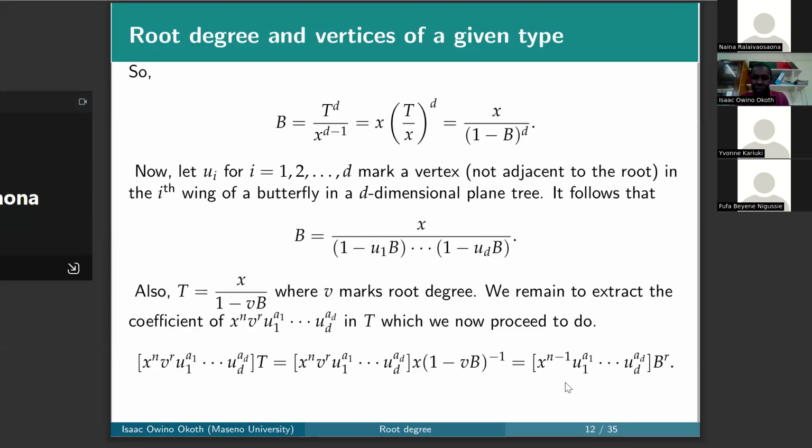Then taking the coefficient of v^r, that's the same as getting the coefficient of x to the power n minus 1, u_1^a_1, all the way to u_d^a_d in B raised to power r. So we just use the Lagrange inversion formula to get the required formula.